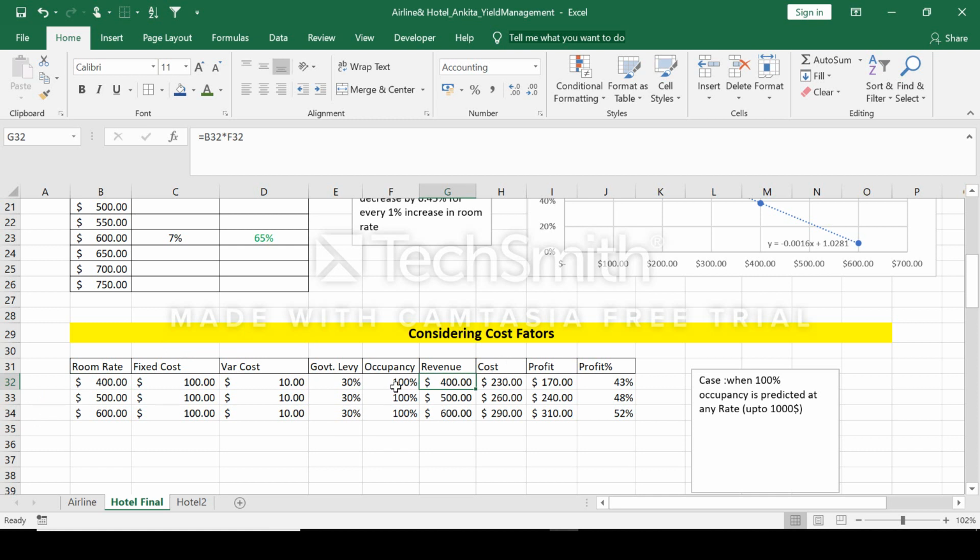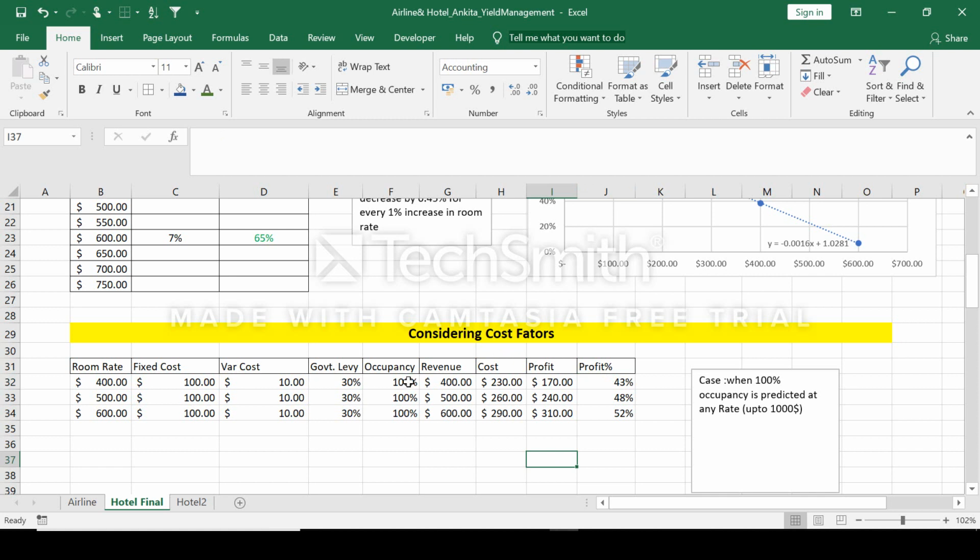In this case it is 100%, so the revenue is 400. To calculate the cost, we add the fixed cost, the variable cost, and 30% of the revenue. That's how we get the cost, and the profit is a simple calculation: revenue minus cost. The profit is 43% of the revenue.